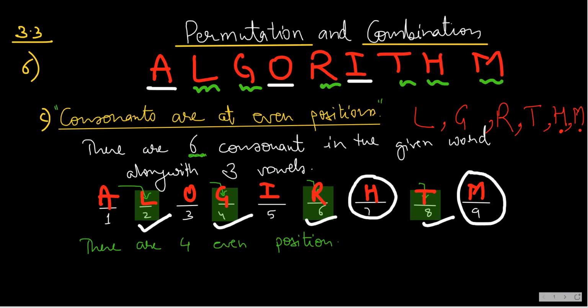They haven't said that consonants are at even position only. It means consonants are at even position, they can even be at odd position. But they are saying consonants are at even position, which definitely means that vowels are not at even position. The vowels will always be at odd position. You can check.